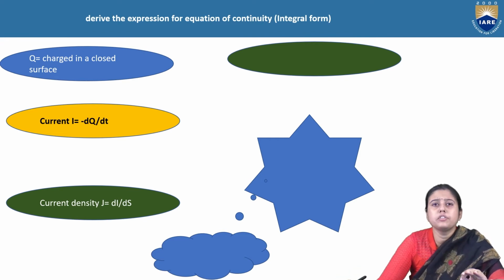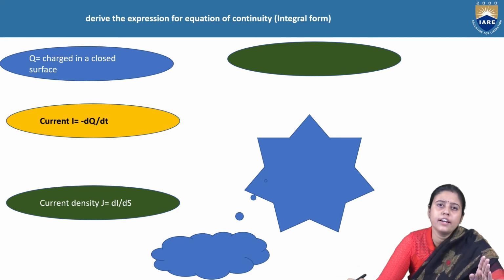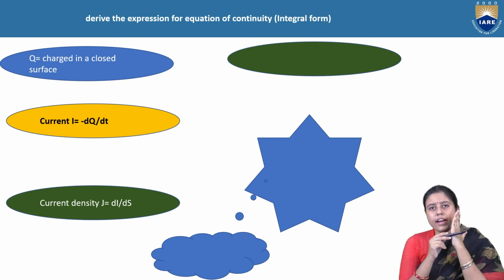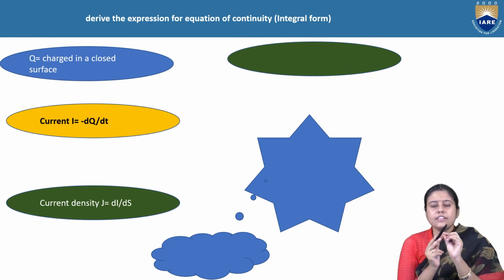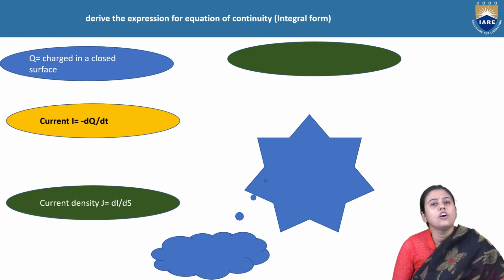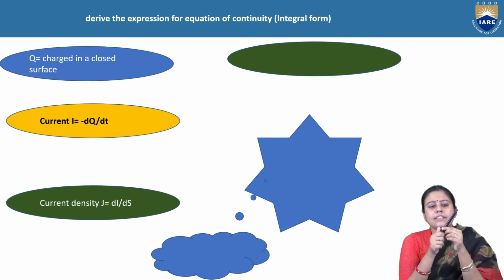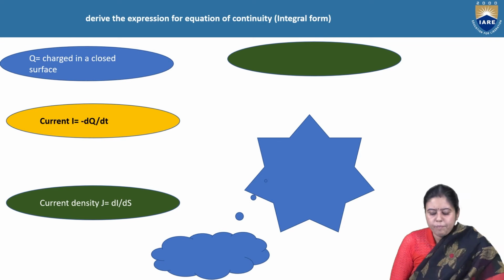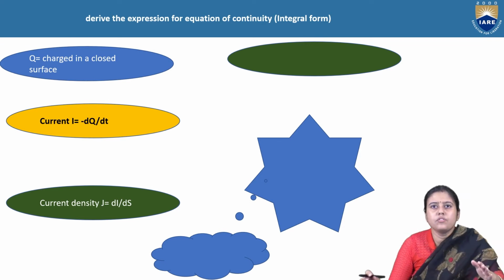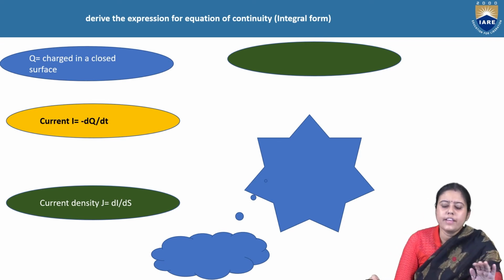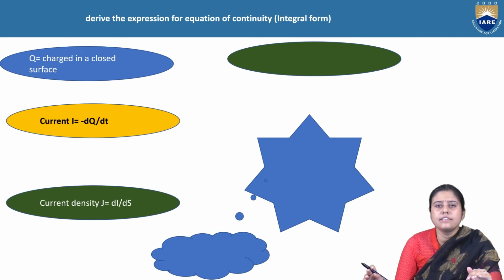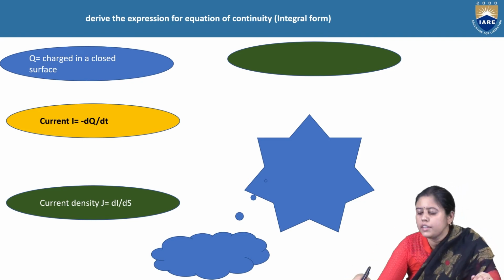What is the difference between surface area and cross-sectional area? If we cut any medium, after cutting we get the cross-sectional area, and any general surface of a medium is known as the surface area. So current density J is equal to di by ds.